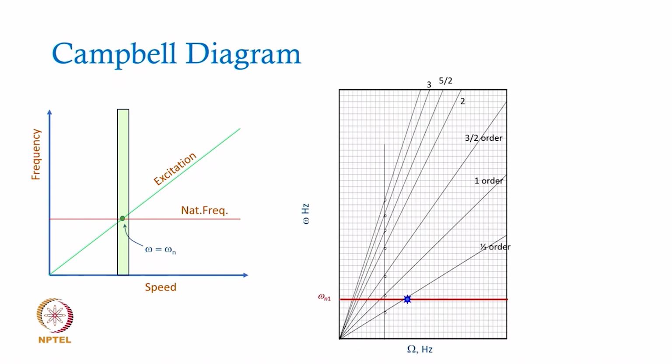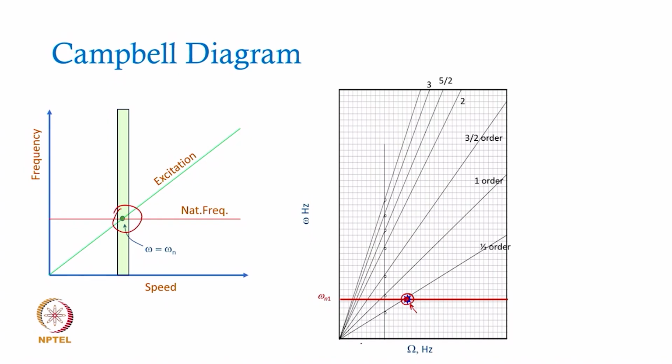So, when you are thinking of that, yes, of course, it will have some resonance which will be generated. Just like this particular resonance, if I am operating at a certain speed, this half engine order line is going to intersect this natural frequency and I will have this resonance, and so on.